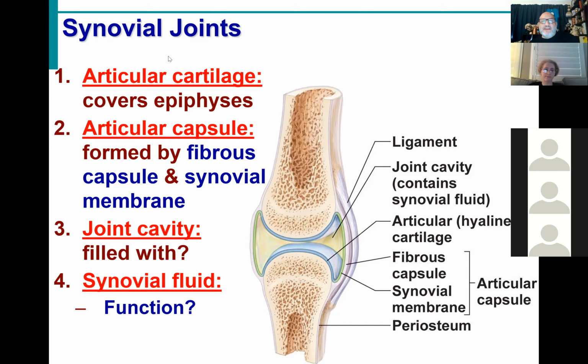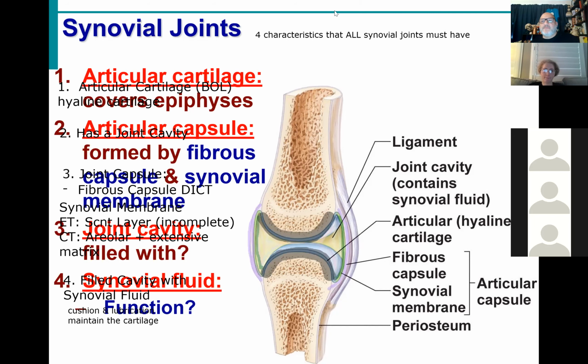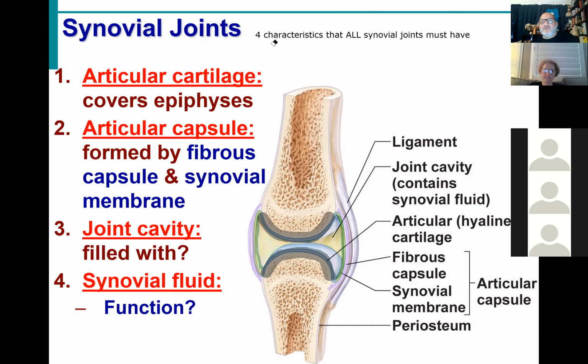So while these are the four things that, again, I guess I want this back, if for no other reason than to emphasize what we said here. These are the four characteristics that all synovial joints must have.